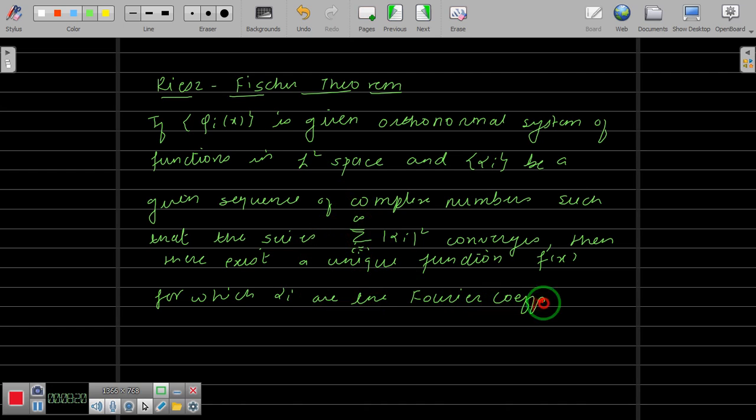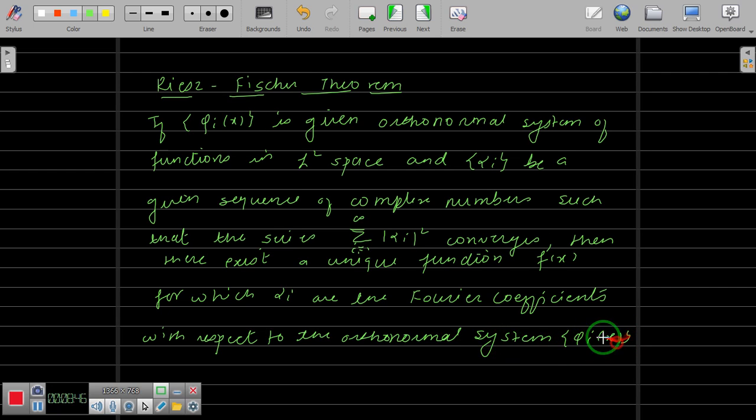with respect to the orthonormal system phi i of x, and to which the Fourier series converges in mean.